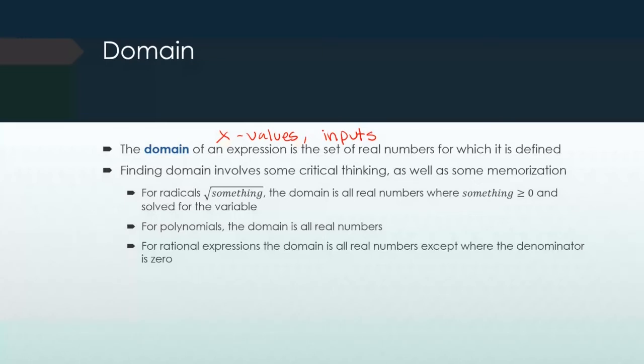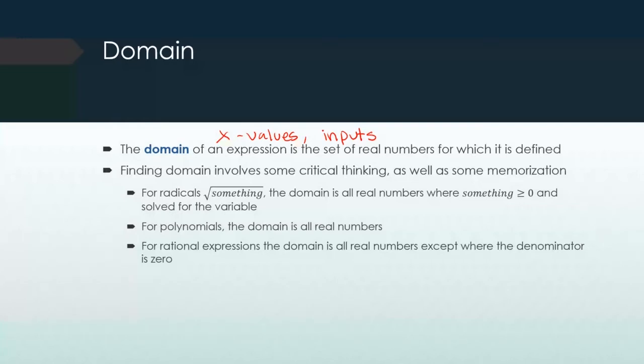If you have radicals, which means you have a square root or cube root or something, the domain is all the values of x where whatever's inside the square root is greater than or equal to 0, and you solve for the variable.